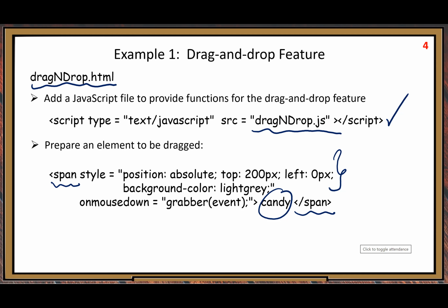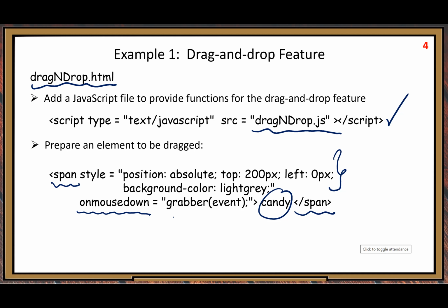Then, in order to connect this GUI element to your JavaScript function, there is an action called on mouse down. When you click your mouse, pressing the mouse button down, this action occurs and it triggers an event object.